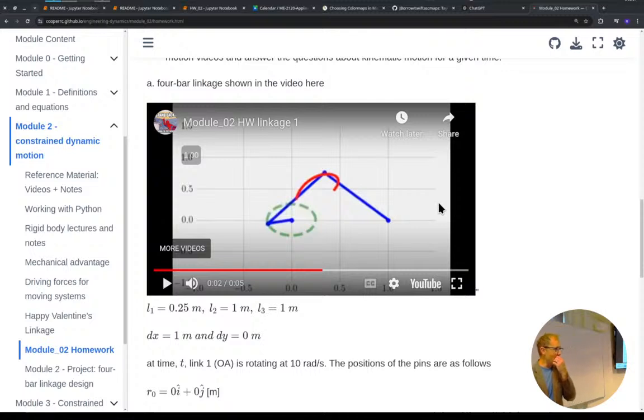When theta 1 is increasing at 10 radians per second, moving in a circle, is link number 2 moving in a circle? It opens and it closes. So that means it depends on what the angle is.